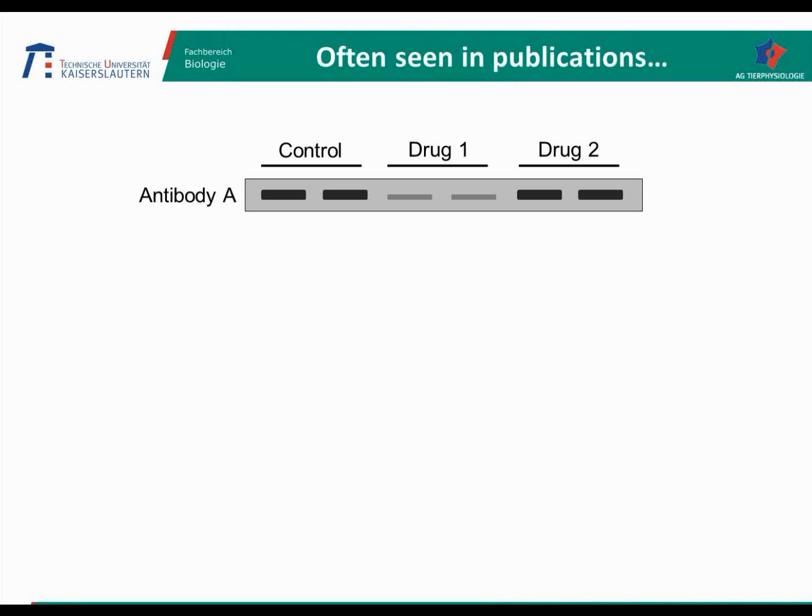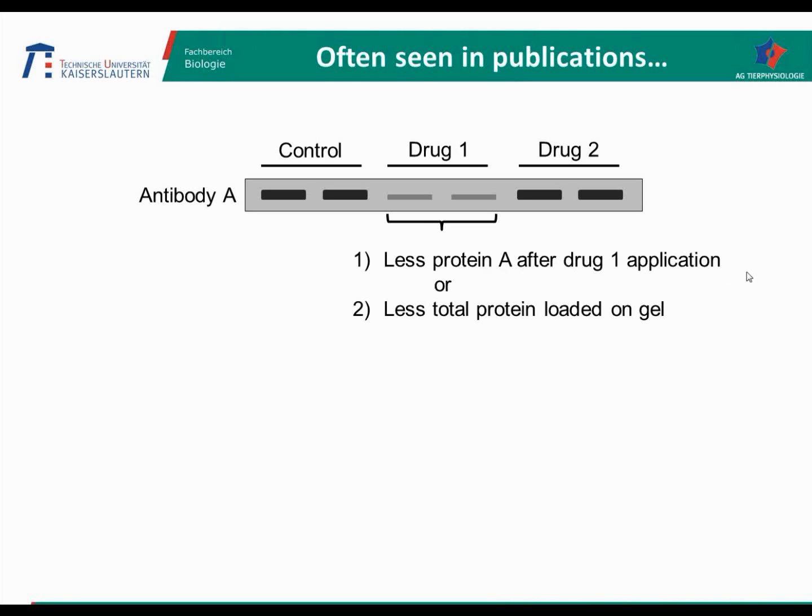Your signals are weaker upon application of drug 1, and there are two possible scenarios. Either there is really less protein A after drug 1 application, or maybe, for any reason, you have loaded less total protein on the gel in these two lanes.